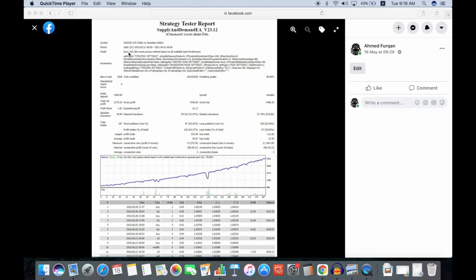I used Tick Data Suite for backtesting this, and that actually gave me a very good modeling quality, and it's almost equal to the real market. Also, the parameters of my EA are not depending on any indicator, so the live test results are exactly equal to the backtest.